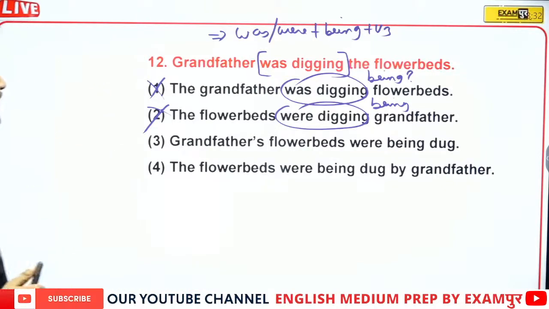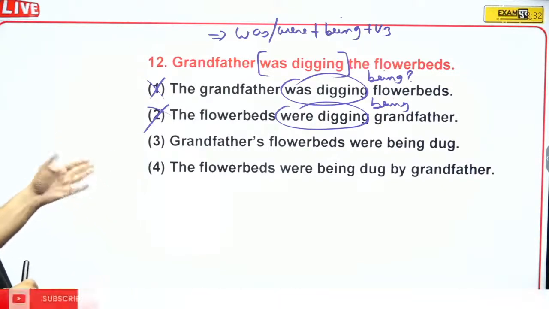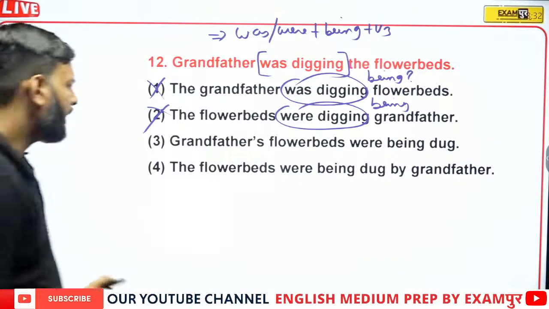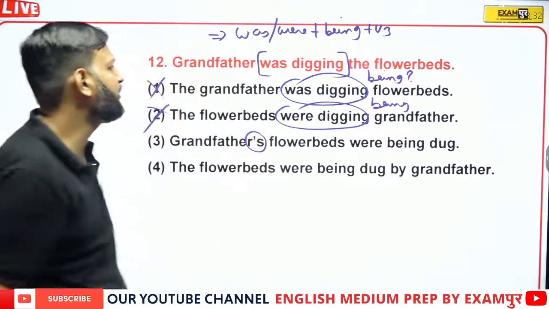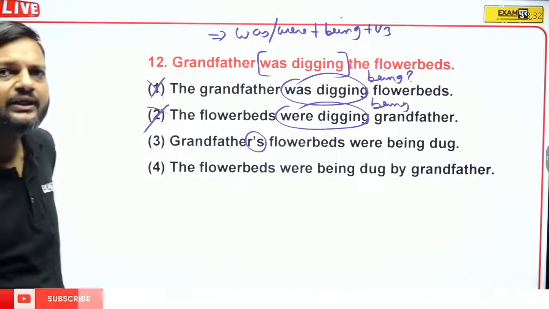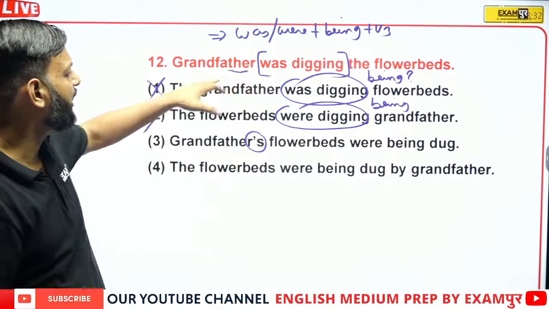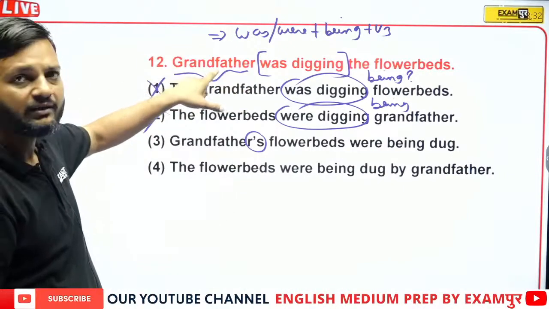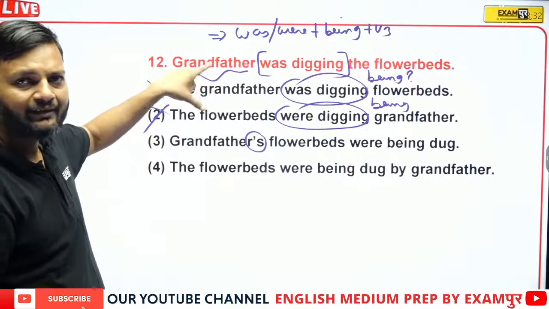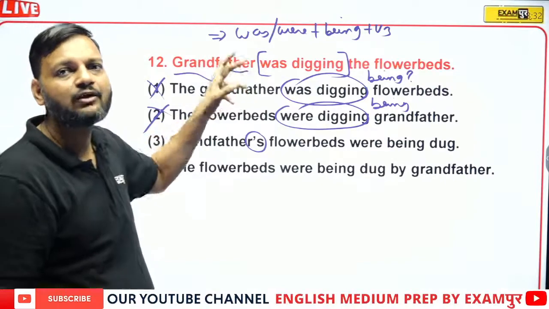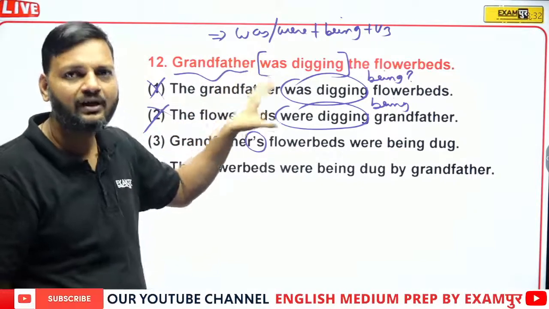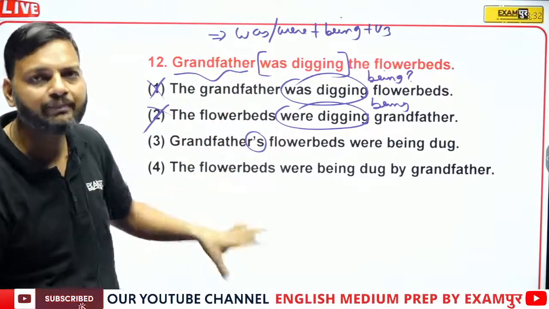Okay. And now we have option number 3 and 4. As you can see here, an apostrophe s has been used. Can you see an apostrophe in grandfather in the active sentence? No. In the active sentence, there is no apostrophe with grandfather. So if grandfather has no apostrophe in the active sentence, how can it be used in passive?